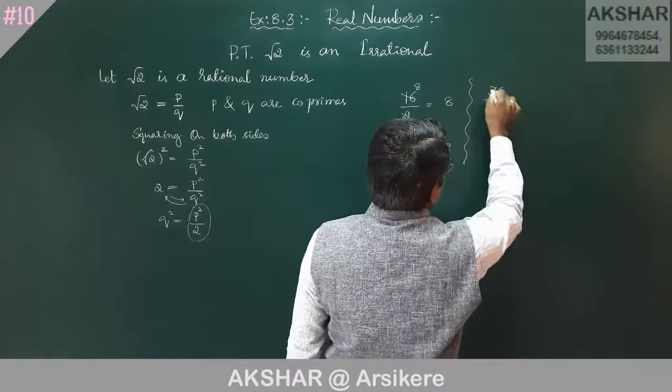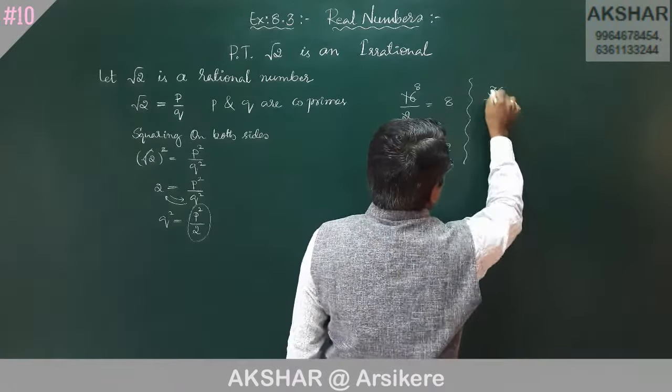So 25 is not divisible by 2, clear? What is the square root of 25? 5. Yes, is it divisible by 2? No, 5 is also not divisible by 2 because 5 is not a multiple of 2, right?